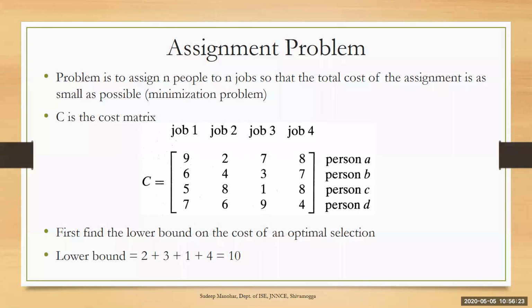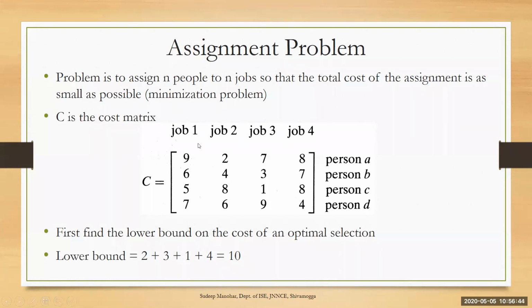If you look at the matrix, first look at the first point. Problem is to assign n people to n jobs. There will be n number of people and n number of jobs will be there. For example, in this diagram, there are 4 persons and 4 jobs. So that the total cost of the assignment is as small as possible.